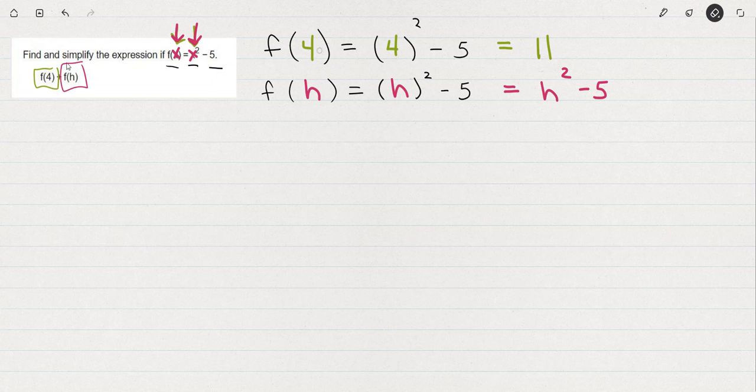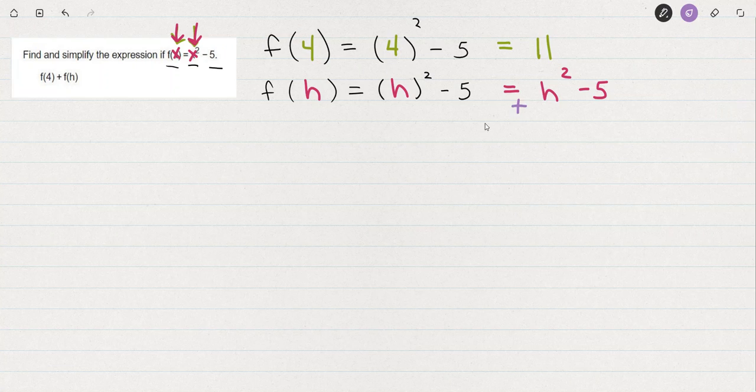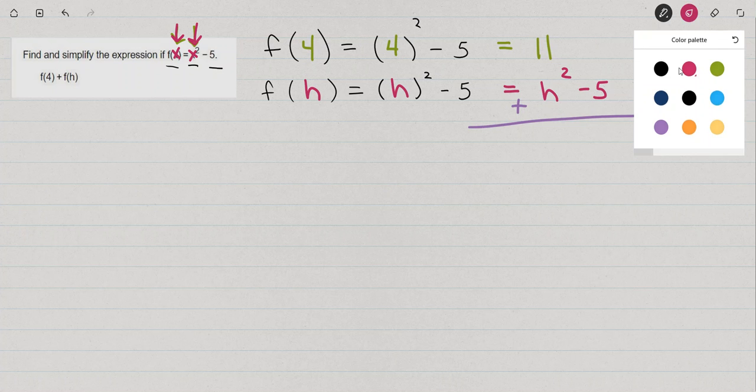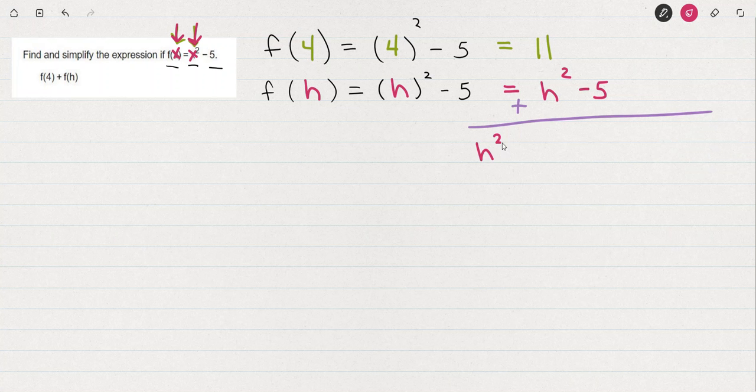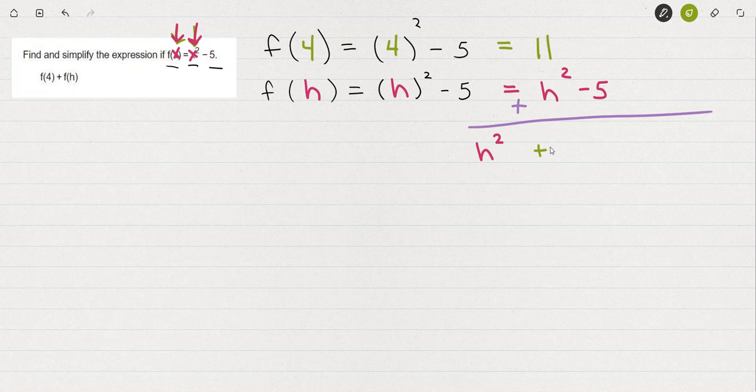Now, what's going to happen when I add these two together? When I add 11 to the h squared minus 5, we're going to have h squared plus 11 minus 5.